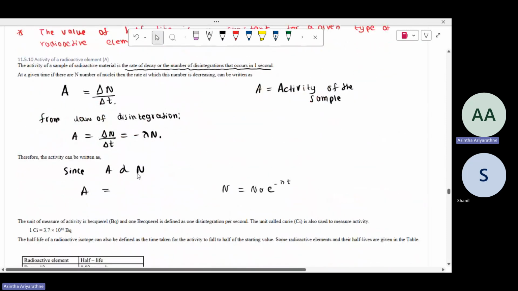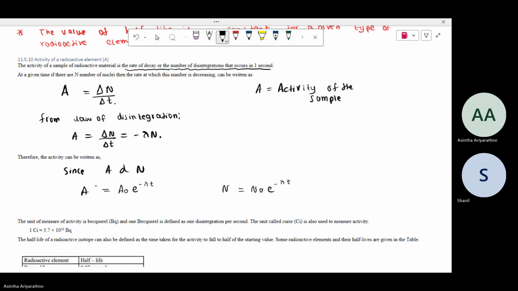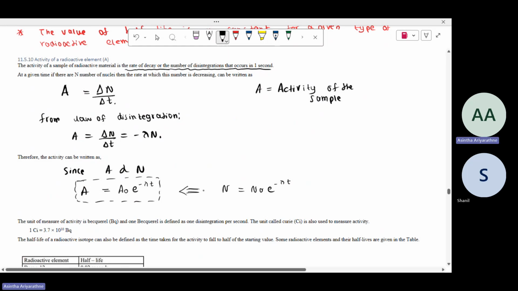Since the activity and n are proportional, we can interchange. In the place of n, we can put A, and in the place of n naught, we can put A naught e to the power minus lambda t. So we have another expression. Since the activity and the number of unstable nuclei are proportional, we can obtain this expression from the previous one.